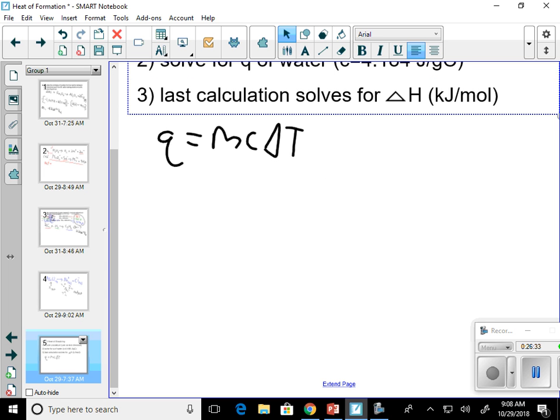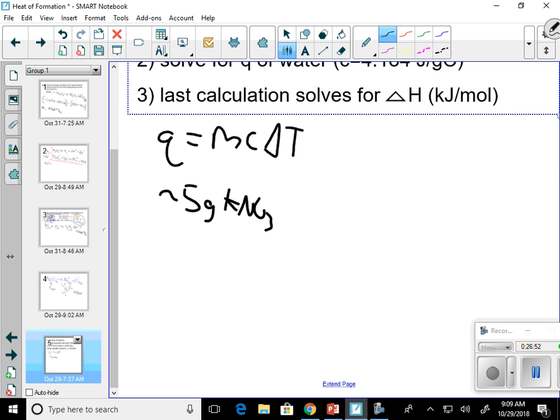We're just doing a metric conversion. Calculation number 4, calculate the moles of solute. Solute is the solid that you're working with, the KNO3. So in other words, you will have a certain number of grams, which is approximately 5 grams of KNO3, and you're going to have to do a mole conversion.